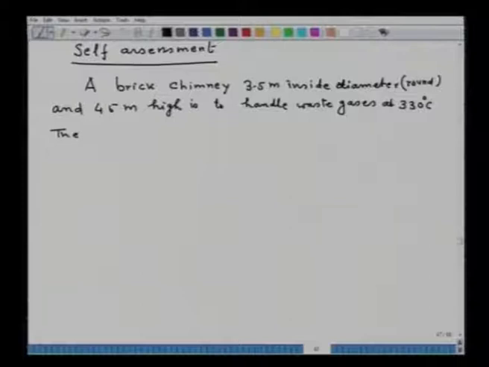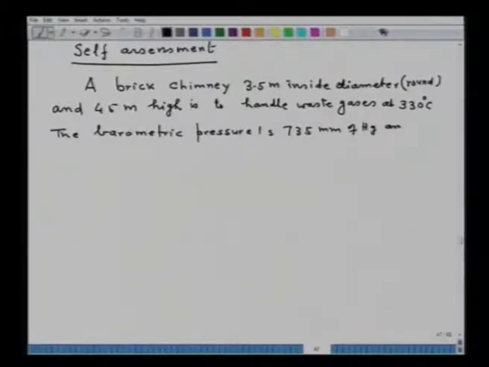The barometric pressure is 735 millimeter of mercury, and the outside air is at 27 degrees Celsius.